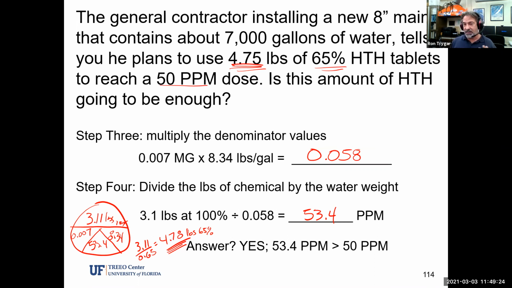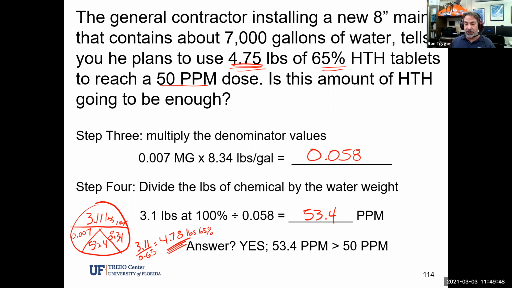Remember, this is commonly done in the field by general contractors. And it is important to us as operators that we make sure that they're dosing these things correctly. We do have to get water main clearances, which means we have to collect samples and make sure that the pathogens are inactivated. And if they are not, then we have to redo it.